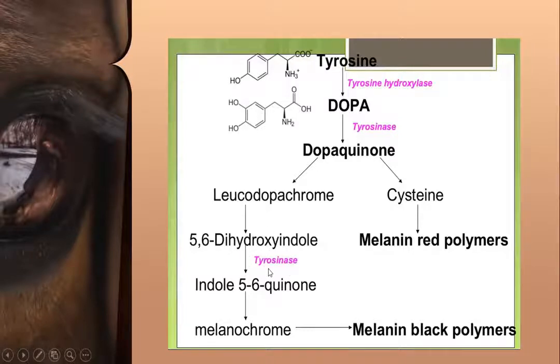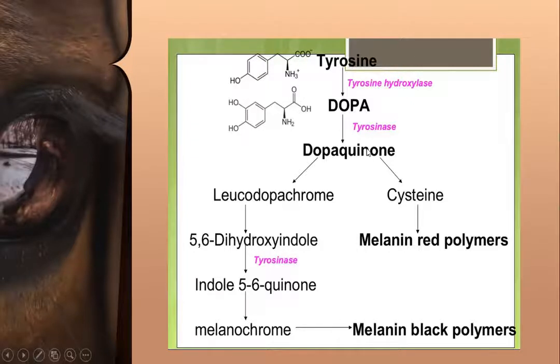Okay, so TRP1 and TRP2, tyrosinase can convert to melanin black color polymers, and melanin black color polymers mean melanin production. Okay, so if we say melanin black color polymers form after a cycle, then we say melanin forms.